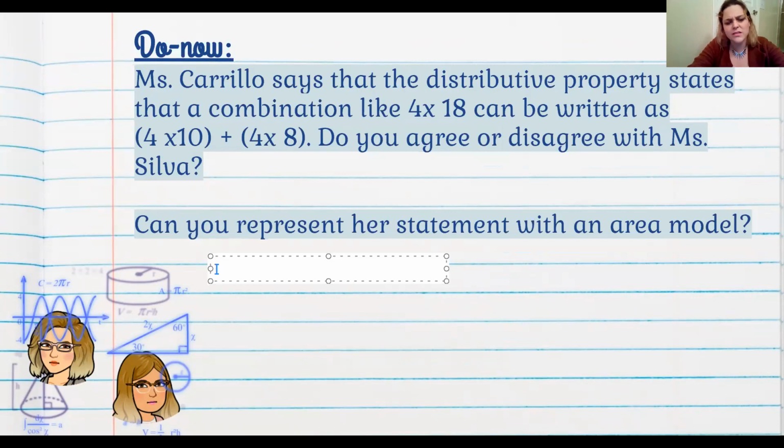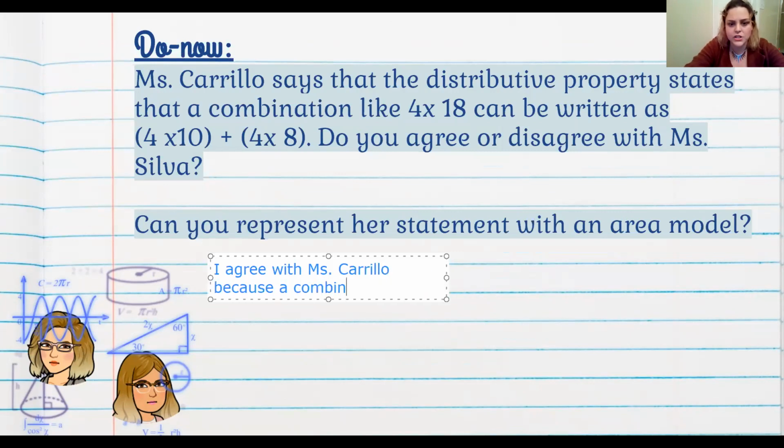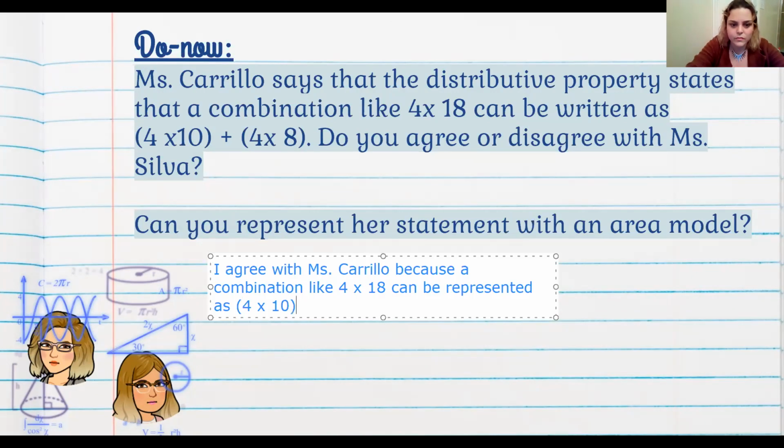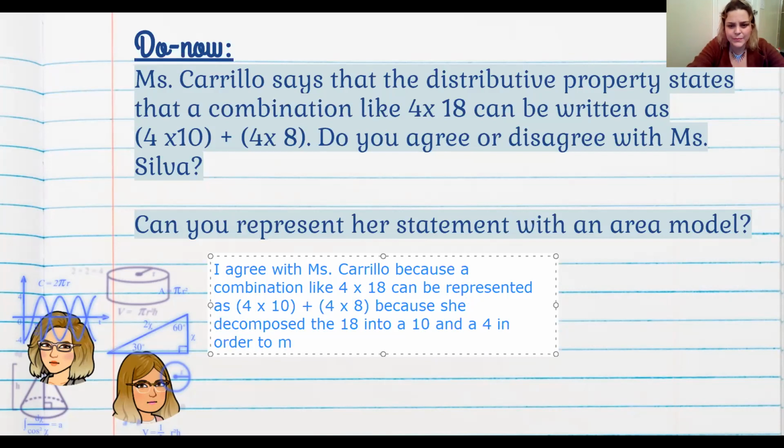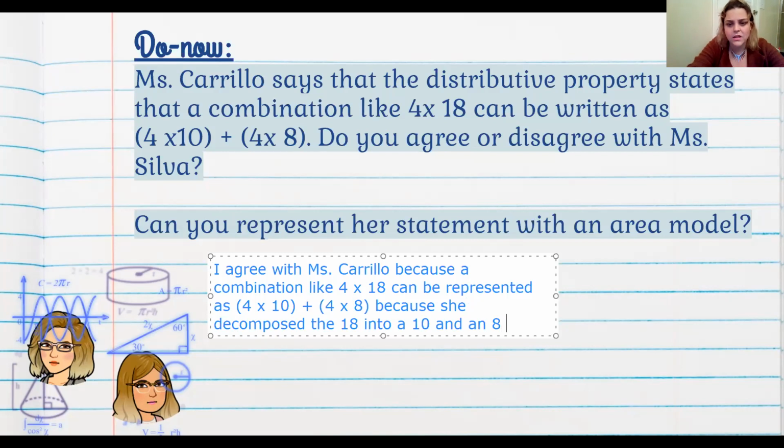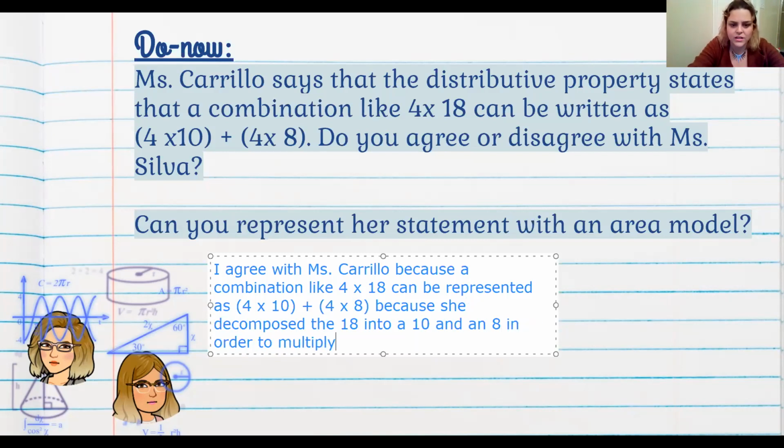Well, I'm going to say I agree with Ms. Carrillo because a combination like 4 times 18 can be represented as 4 times 10 plus 4 times 8 because she decomposed the 18 into a 10 and an 8 in order to multiply by the factor of 4.